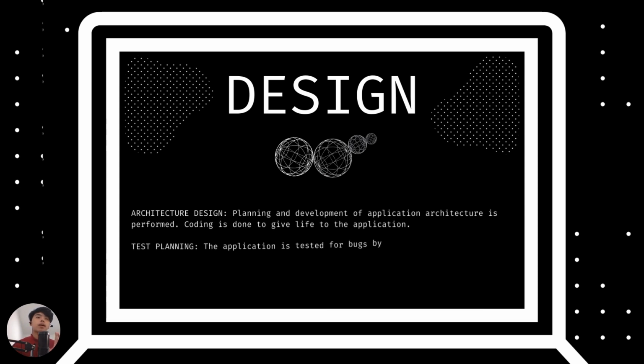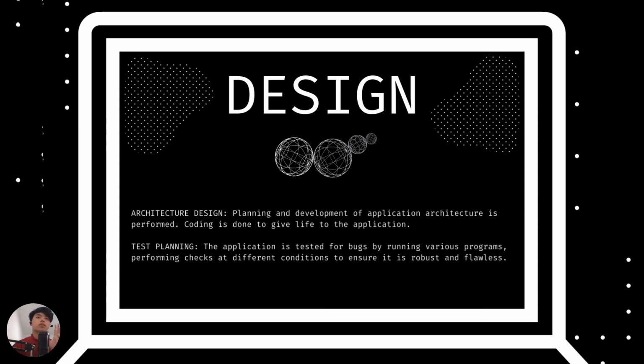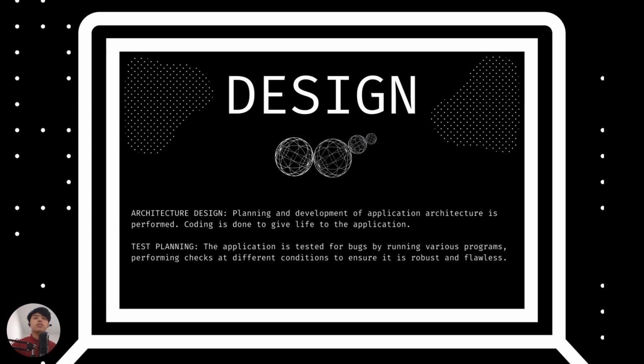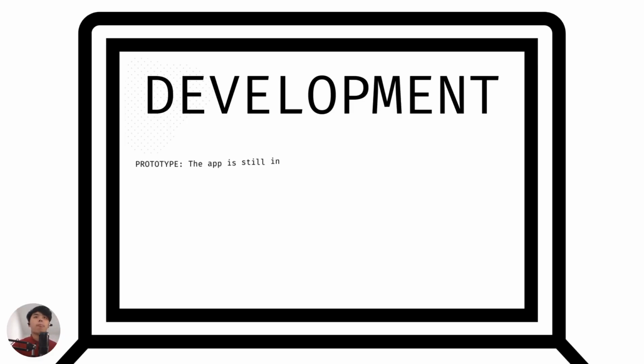There are two more: architecture design, where planning and development of the application architecture is performed, and coding, which is done to give life to the application. Then there is test planning, where the application is tested for bugs by running various programs and performing checks under different conditions to ensure it is robust and flawless.